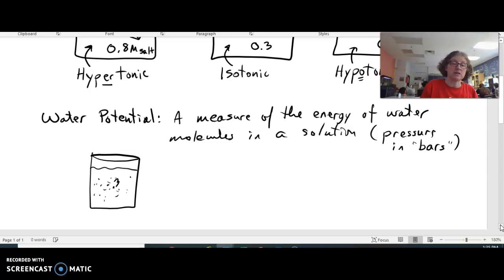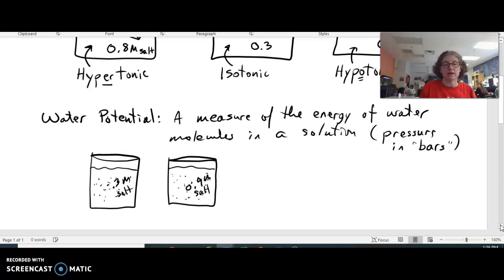Maybe it's 0.3 molar salt. And then you have another solution next to it that has 0.9 molar salt. Which beaker do you think has the water molecules that have more energy?